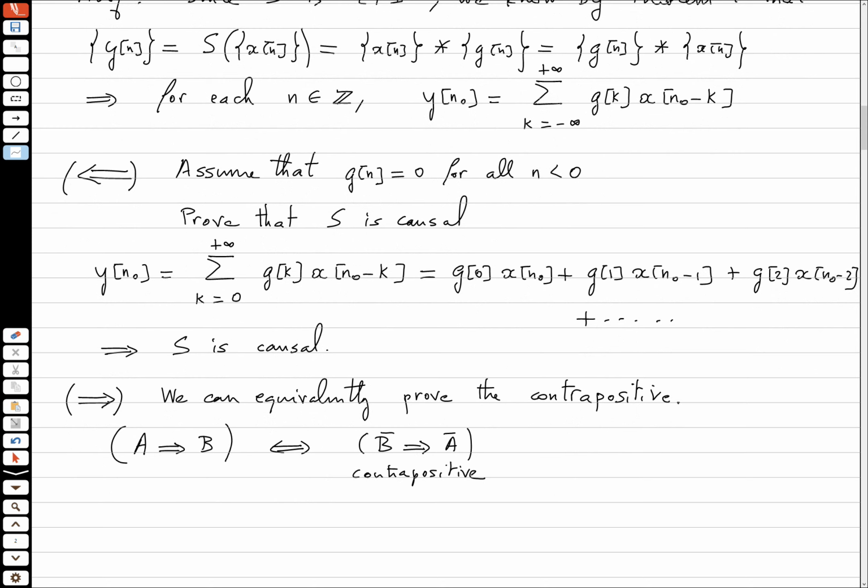So saying this or saying that is the same thing. I can give you an example. When it rains, John stays inside. So that means it rains implies John stays inside. What is the contrapositive?